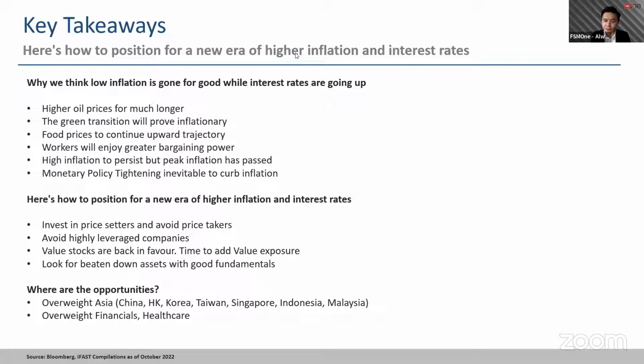This will cause inflation to persist even longer. Also, food protectionism, which wasn't very trendy before, has become a trend today, as more and more people put effort into it. So we don't think inflation will moderate soon, at least for the next few years.